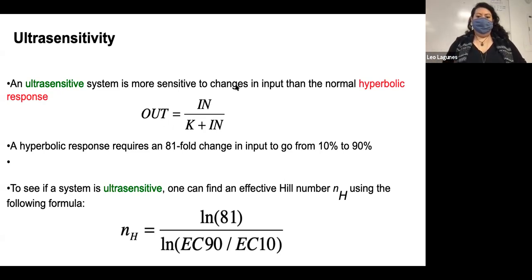So this equation here is the Michaelis Menten one that is less sensitive. For the hyperbolic one, it has been found that you need at least an 81-fold change in the input to see an increase in the response. But if we wanted to measure how ultrasensitive something is, there is a generalized form of the Hill number, given here, where we have the natural log of 81 over the log of the EC90 over EC10.